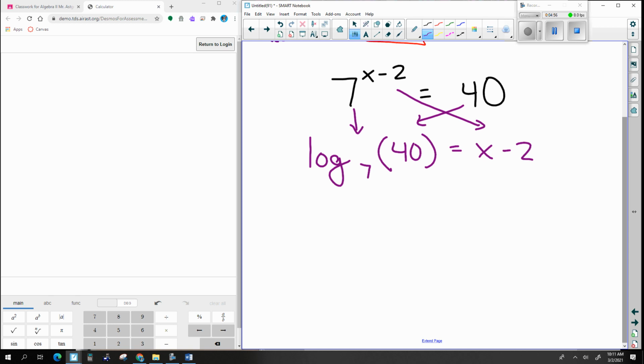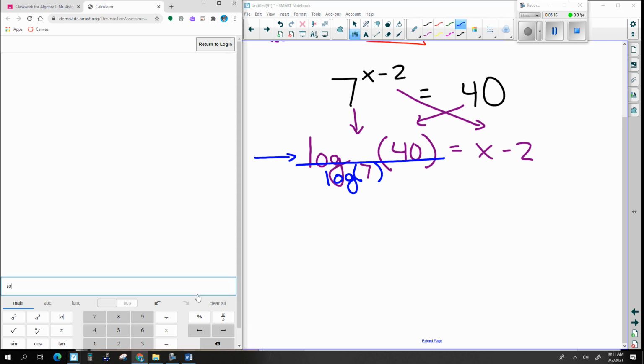And then from here, it turns into a big-time calculator problem. If you don't recall how to handle this portion, don't forget that you turn it into a division with a log on the bottom. So this left-hand side is log 40 divided by log 7. That's absolutely a calculator kind of thing. It turns into some number, particularly 1.8957.